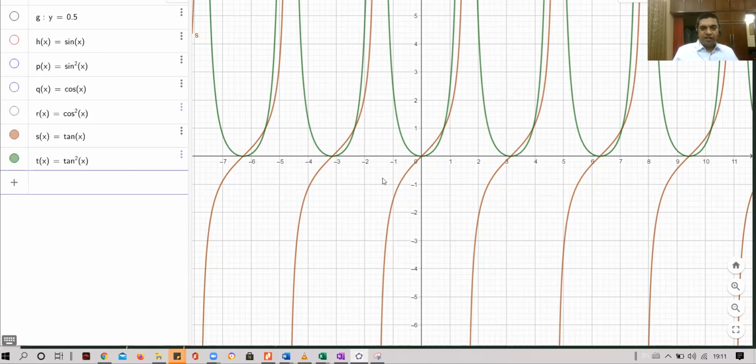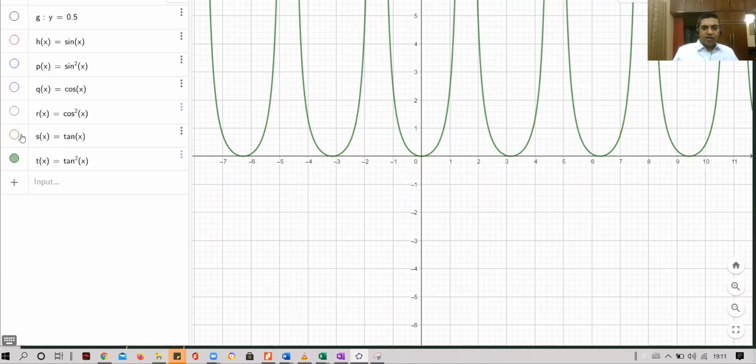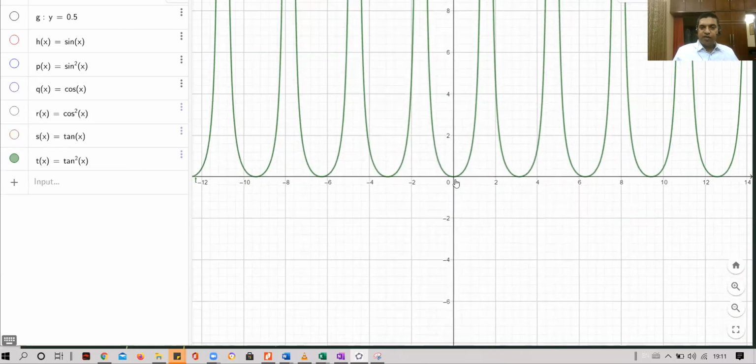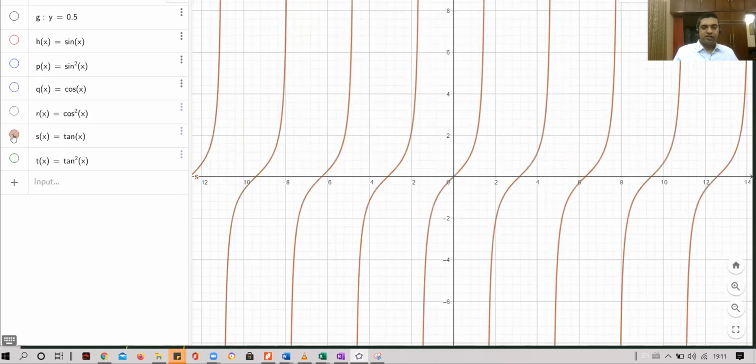Now you see this tan square x is also repeating every pi. It is not becoming pi by 2 because of the shape of tan x. Similarly for cot x.